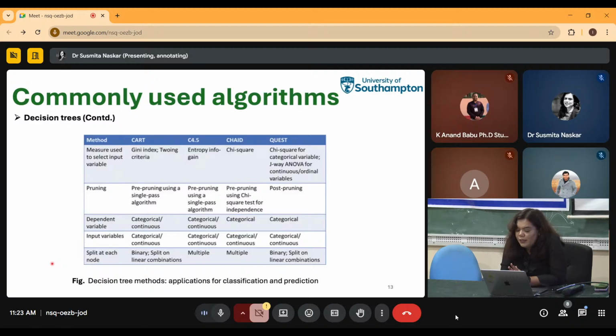Starting with the measure used to select the input variables: CART generally uses the Gini index or the Twoing criteria, whereas C4.5 uses entropy or information gain. That means it measures how much the feature contributes to reducing the uncertainty. Similarly, for the dependent variable, you can see whether it is categorical or continuous. These are the details the decision tree comparison gives.